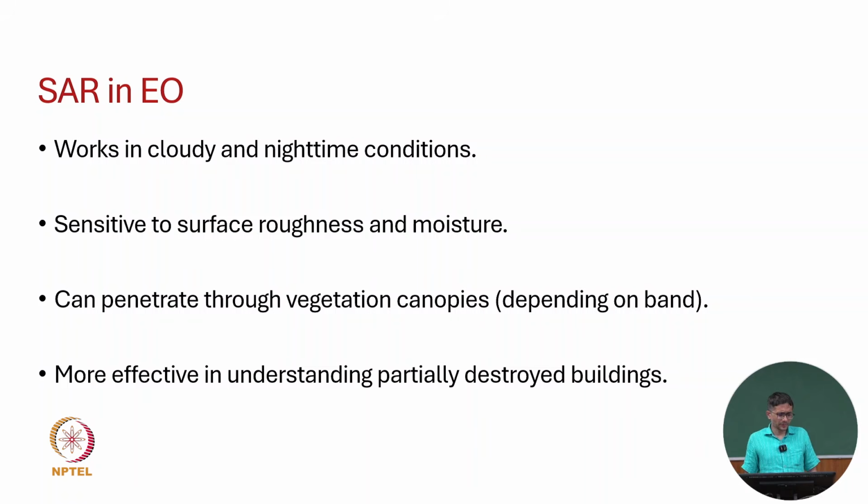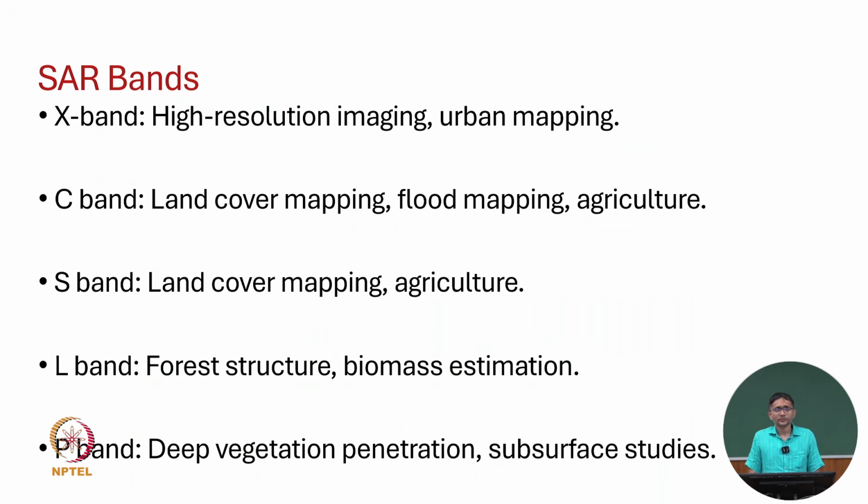We took this example before, right? Destroyed buildings, partially destroyed buildings, and in this case we said that optical images have limited capability. However, SAR has quite good capability in such cases.